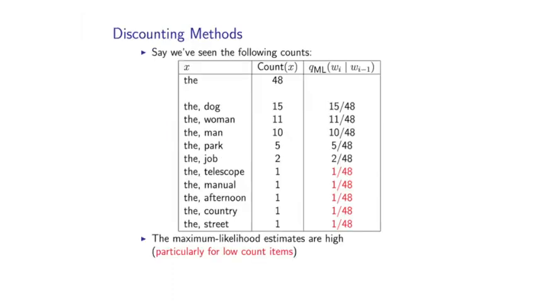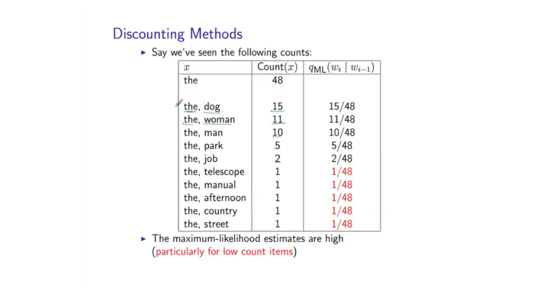Okay, so to understand discounting methods, let's first start with an intuition illustrated by the example I've shown here. What I've shown is the counts for bigrams where the first word in the bigram is the word "there". So for example, "there" followed by "dog" is seen 15 times, "there" followed by "woman" is seen 11 times, and so on and so on.